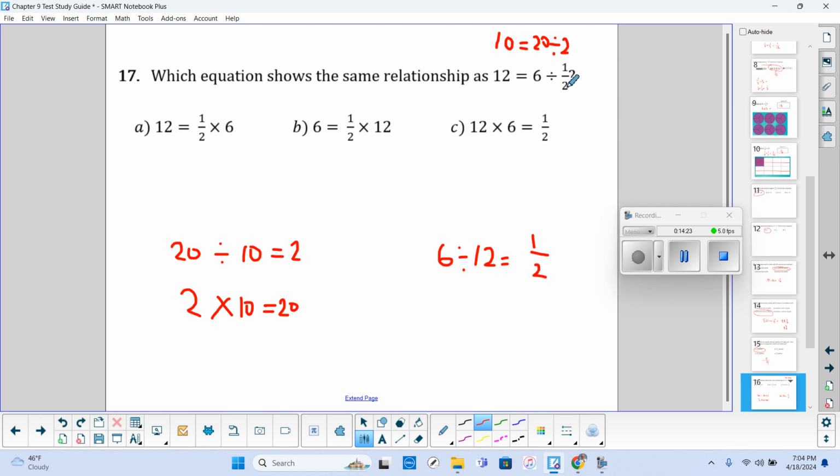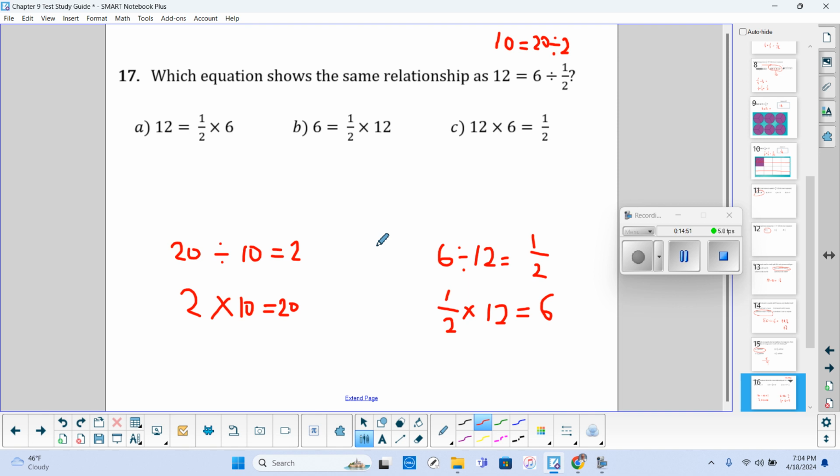Or another way of looking at it is 1/2 times, what number is under the 10? It's 12. 1/2 times 12 is equal to 6, right? So these are all true statements. 6 divided by 12 is 1/2, 1/2 times 12 equals 6.